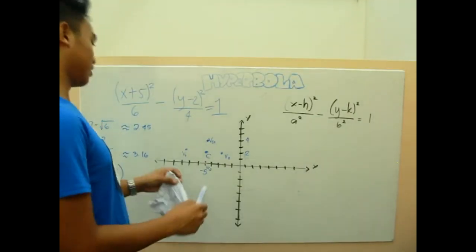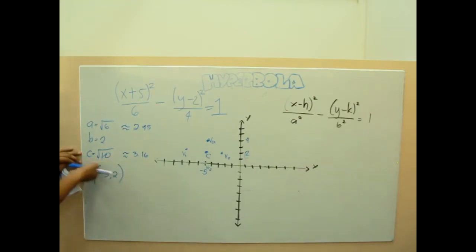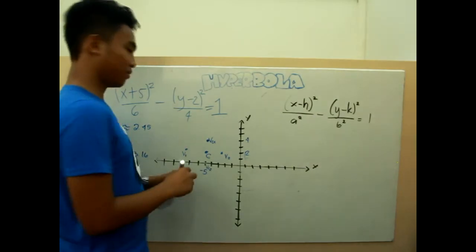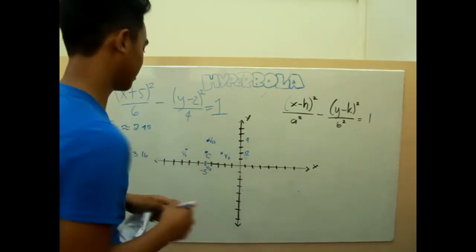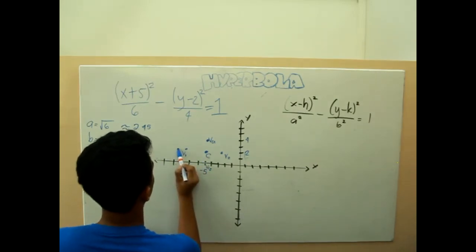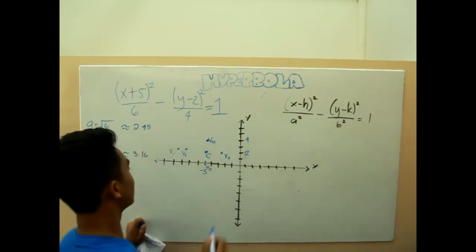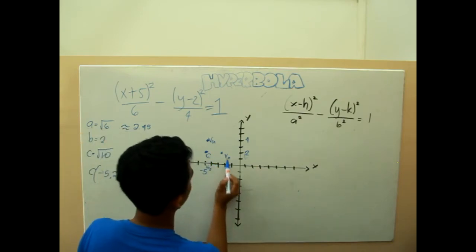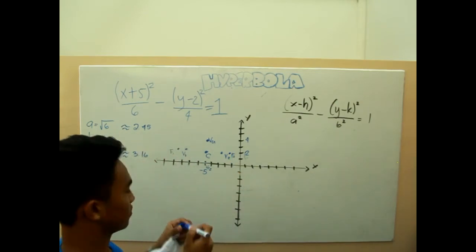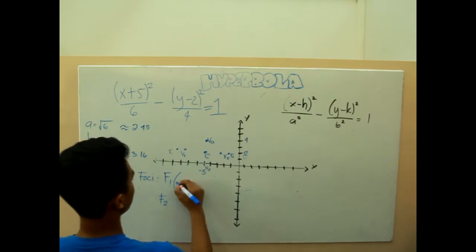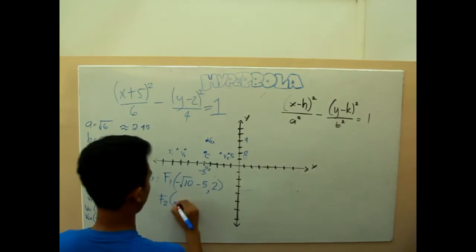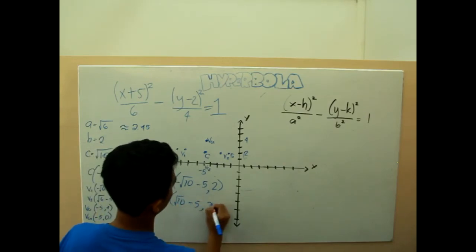To find the foci, you need to use the value of c as the distance from your center to your foci. The value of your c is 3.16, so we count to the left and right. This is your focus 1, and this is your focus 2. So your F1 is negative square root of 10 minus 5, 2, while your F2 is square root of 10 minus 5, 2.